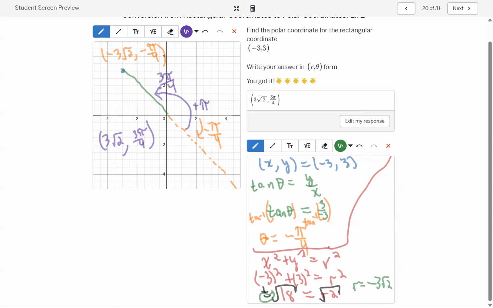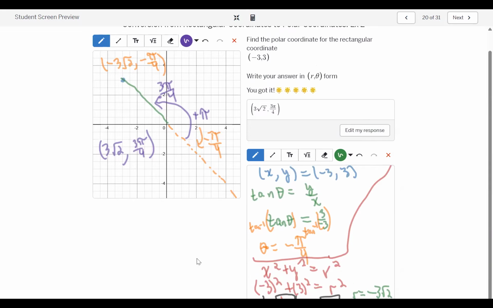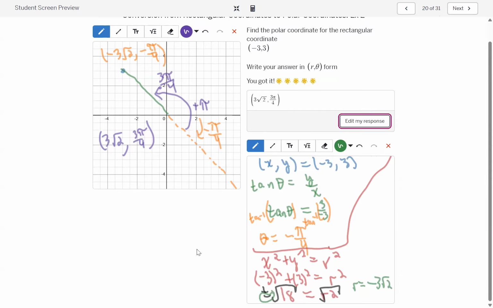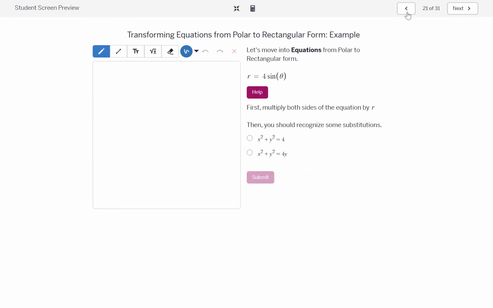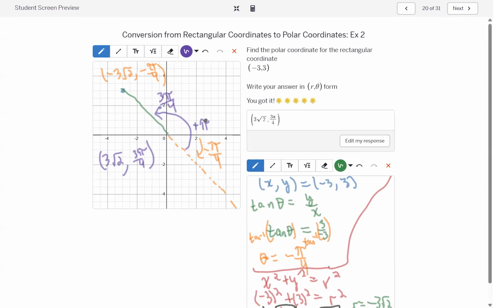Now, WebWork will be more explicit. They will tell you, write an answer where the radius is strictly positive. So we added pi because we were trying to figure out what's an equivalent point, but not using all negatives.